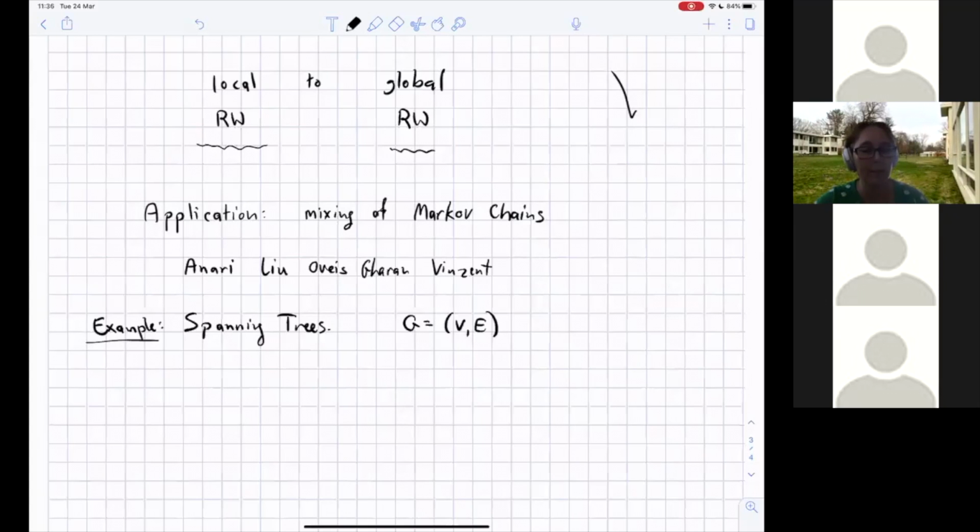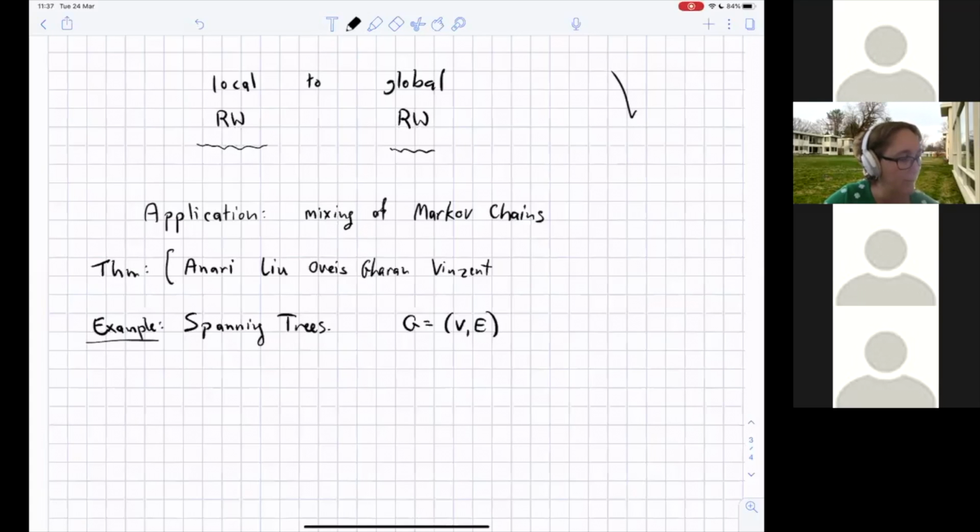So what I want to show you is that this Markov chain indeed mixes, and what these people proved.